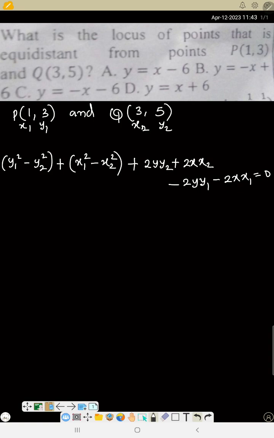So if you use this now, what is y1? That will be 3 square minus y2, that is 5 square.